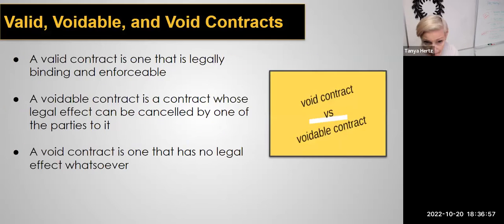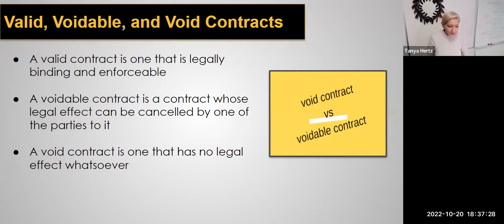So there are many circumstances in business where a contract can very clearly be an implied contract and still be an enforceable valid contract. A valid contract is one that's legally binding and enforceable, meaning we can enforce the terms of that contract. Now, a voidable contract is a contract that could be enforceable, but it could be canceled. It could be canceled because one part of that contract maybe isn't right, and so one of the parties could choose to cancel the contract.